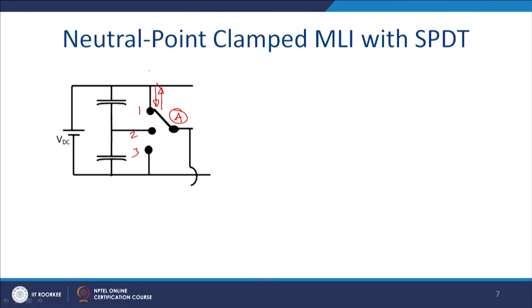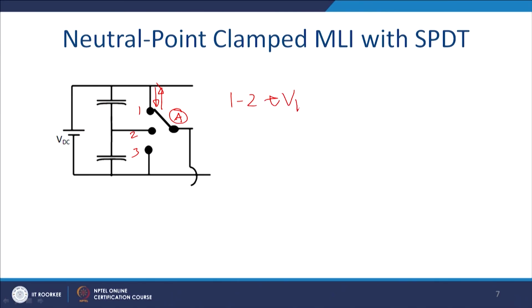Since current can be bidirectional, you require a switch with bidirectional current conducting capability. Also, between points 1 and 2 the required blocking voltage is VDC by 2, and likewise the blocking voltage between 1 and 3 is required to be VDC. This is for all other cases.